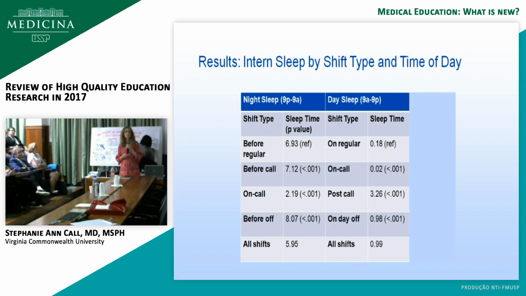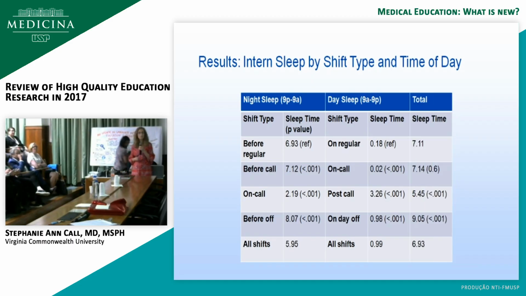Their sleep during the day on the same kinds of shifts really showed that mostly when you are post-call, so after an overnight shift, you sleep more during the day, which makes sense because you're fatigued. But the total sleep time varied tremendously by shift.